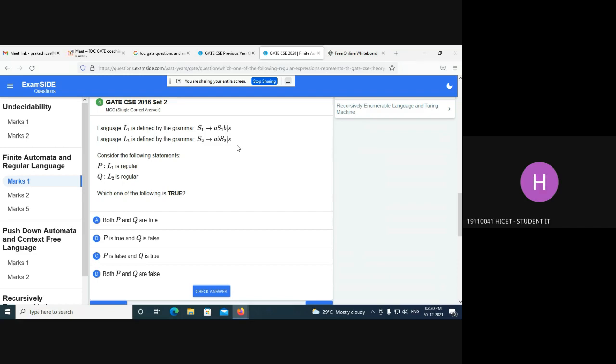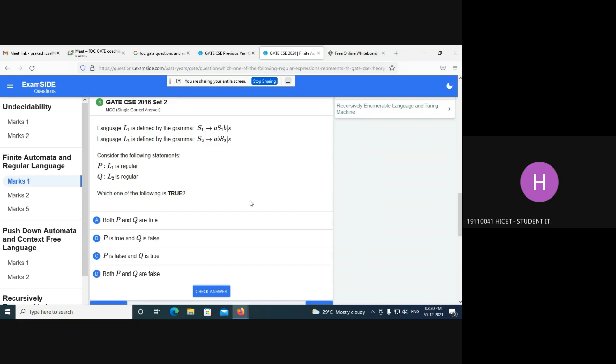These are theorems. If language L1 is regular and L2 is regular, then the union of L1 and L2 will be regular, and the concatenation of L1 and L2 will be regular. These are identities. In the first, the same letter will be repeated for something; in the second, the same thing will be repeated. Is it clear? Yes, sir. The options: both P and Q are true; P is true and Q is false; P is false and Q is true; both P and Q are false.